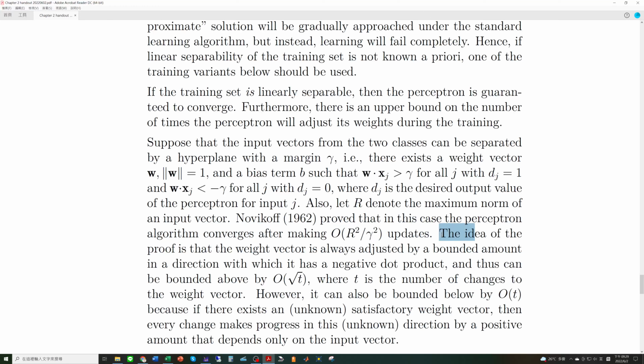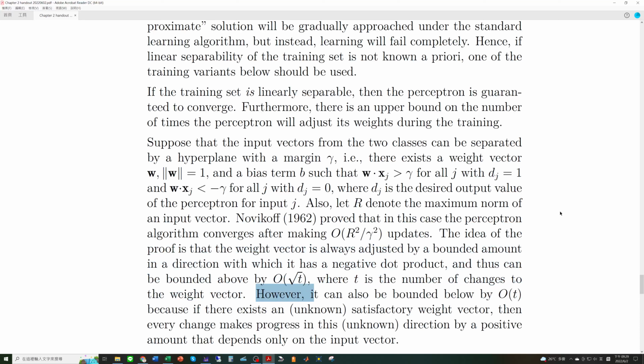The idea of the proof is that the weight vector is always adjusted by a bounded amount in a direction with which it has a negative dot product, and thus can be bounded above by big O of the square root of t, where t is the number of changes to the weight vector.